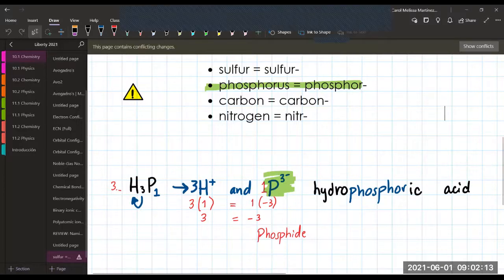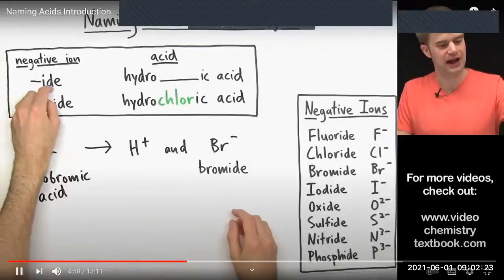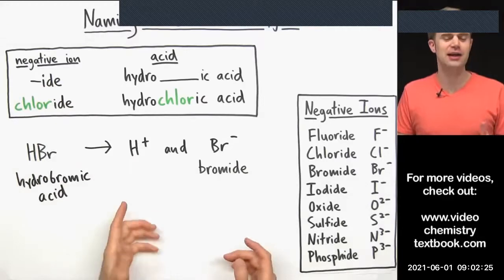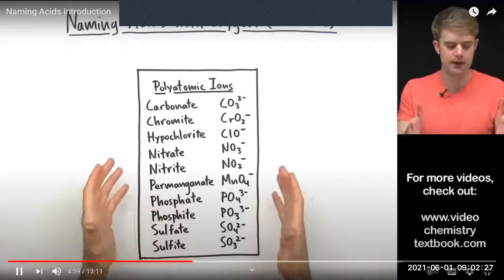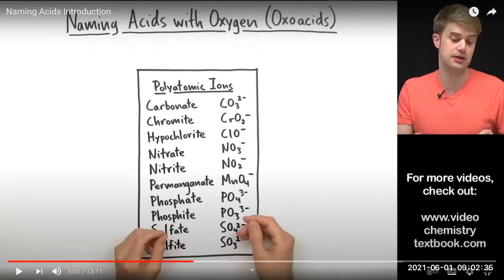Now let's talk about the rest, okay? Negative ion ends in IDE. Now let's take a look at how negative ions are polyatomic ions like these. The other kind of acids are known as oxyacids, or like he wrote over there, oxoacids. The way I was taught was oxyacids.